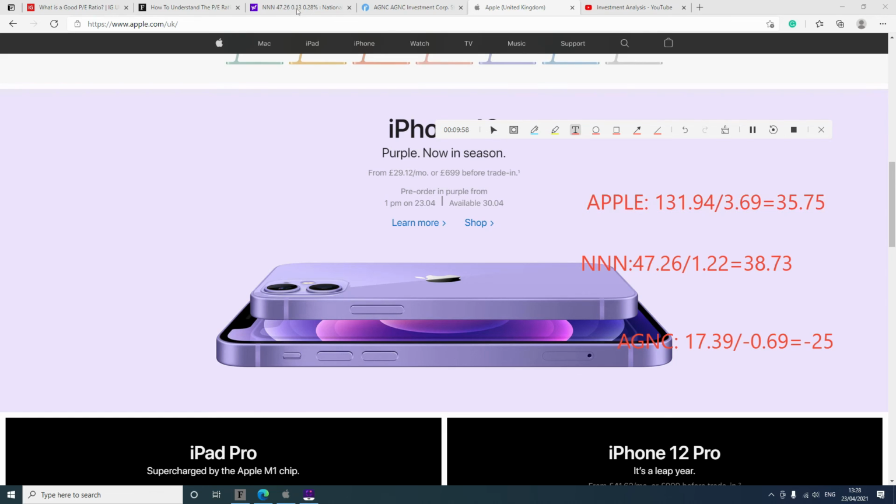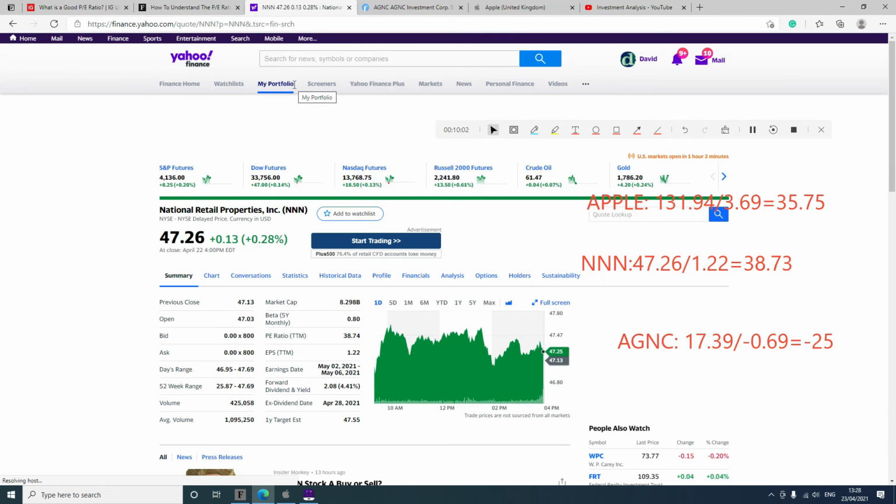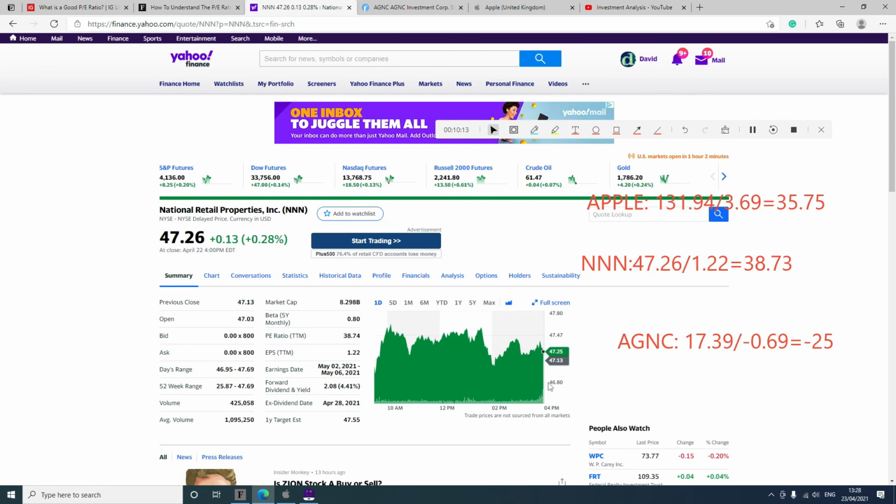Let's go there and have a look. It is with the notation PE TTM, where TTM is a Wall Street acronym for trailing 12 months. These numbers signal the company's performance over the past 12 months. The second type is often referred to as forward PE.